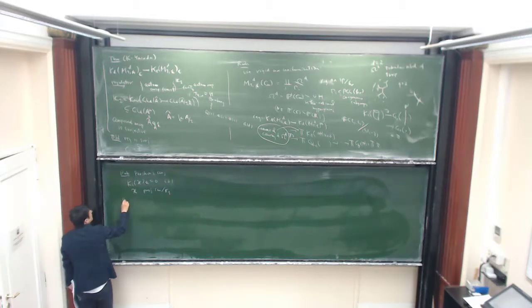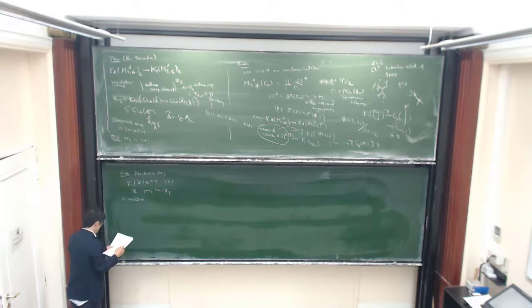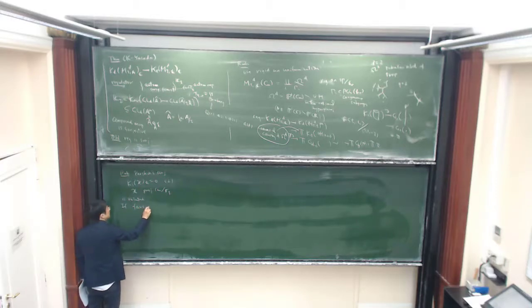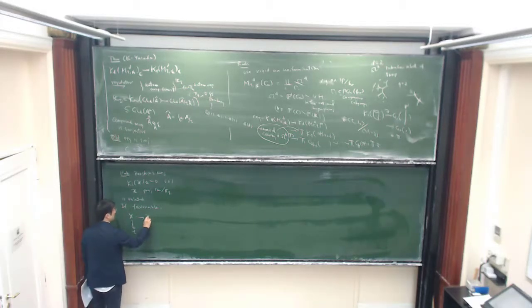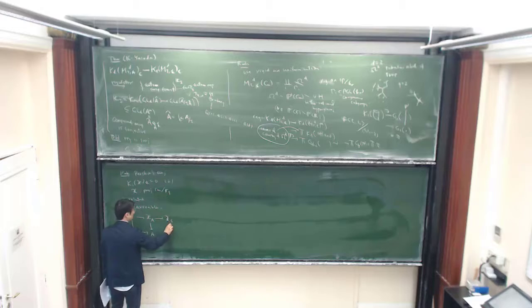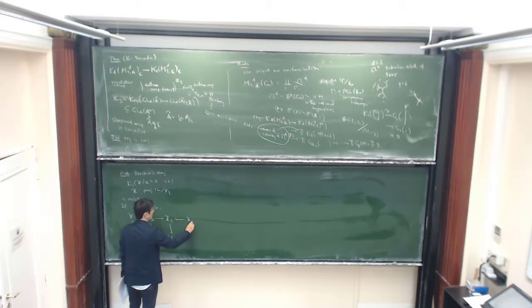And this is related in that, in favorable cases, I start with some motive over K, but we want to consider the integral thing over A. And suppose we have a model over C, and let this be the special fiber at infinity.